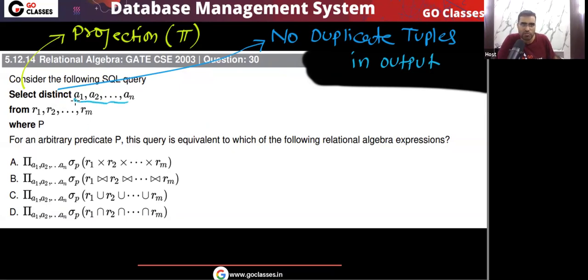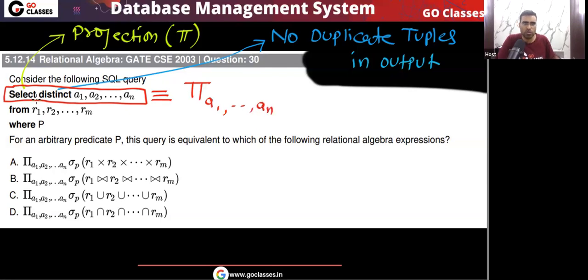These are the attributes. So what is the meaning of the complete first line, select distinct A1 to AN? That simply means you are projecting A1 to AN.